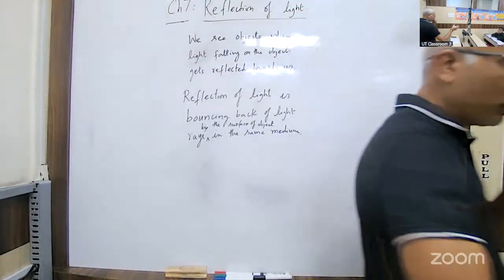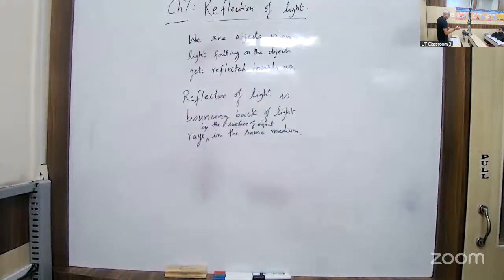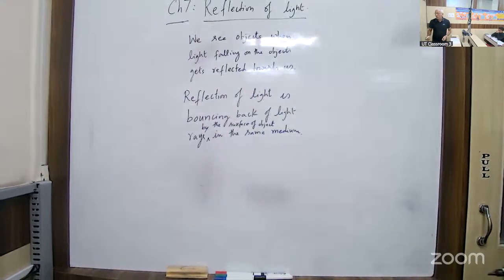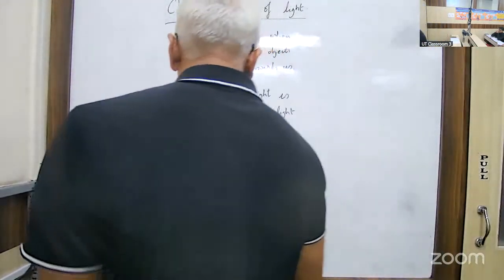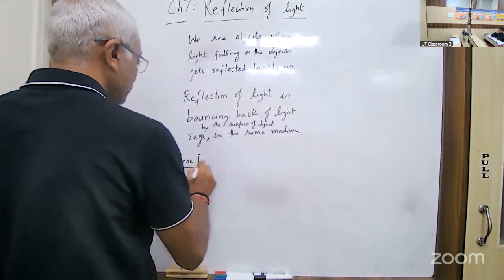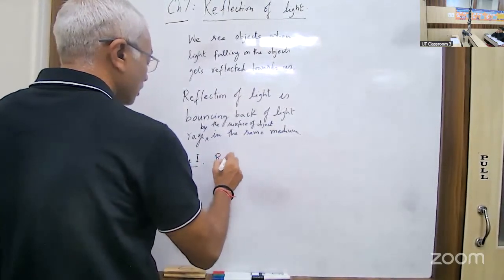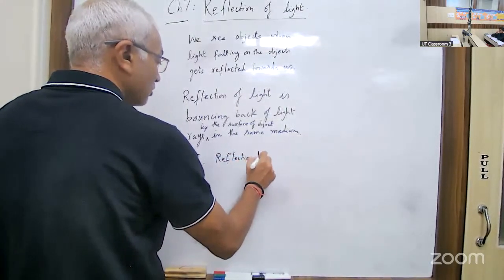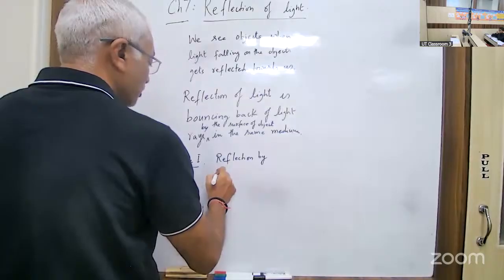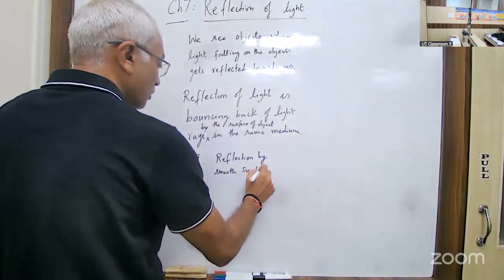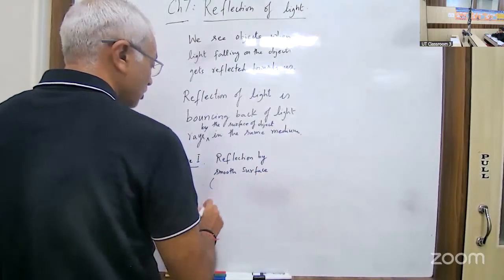So depending upon the nature of the surface of the object, reflection also will be of different types. If the surface is smooth, the first is case one: reflection by a smooth surface. What is an example of a smooth surface?